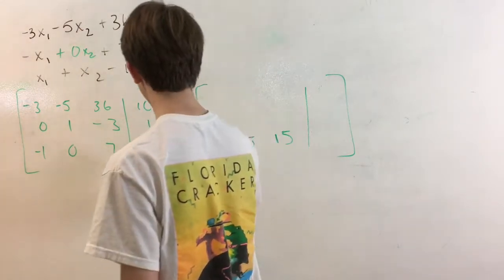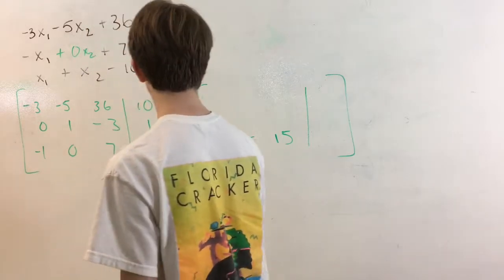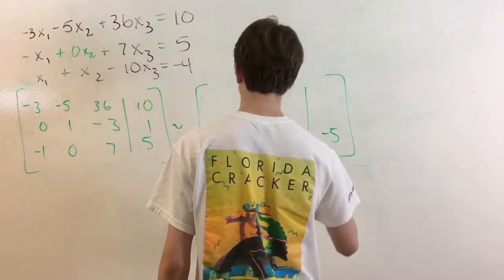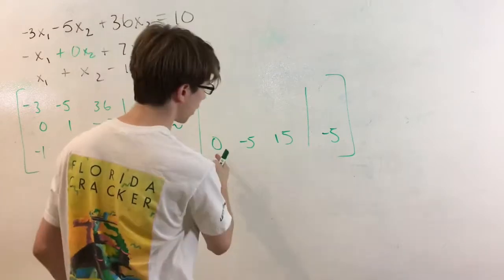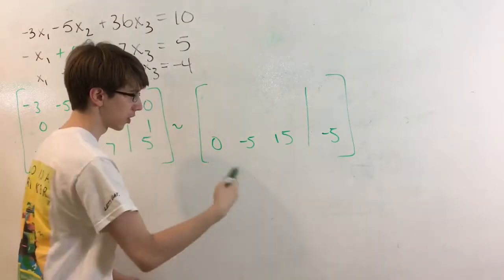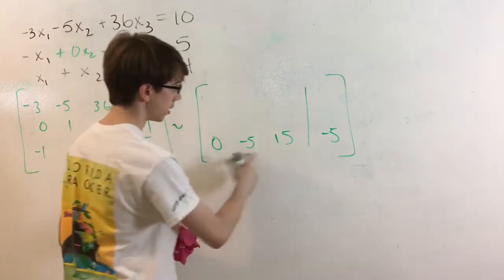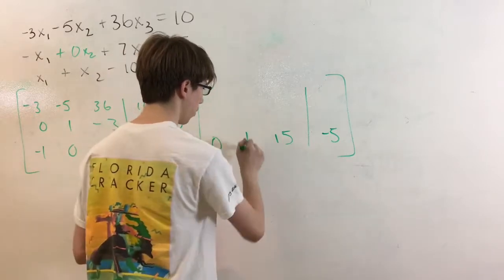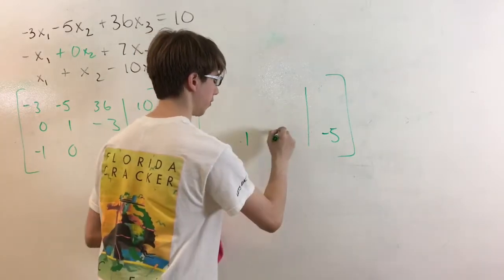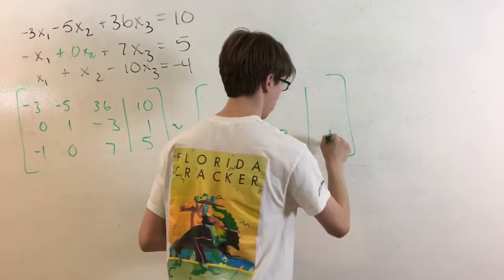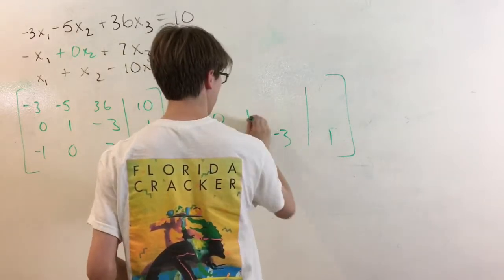And then 5 times negative 3 is negative 15 plus 10, negative 5. And then I see that there's a common factor here, so we can actually divide this by negative 5. So we end up with 1, negative 3, and 1. And now let's do the rest of the rows.